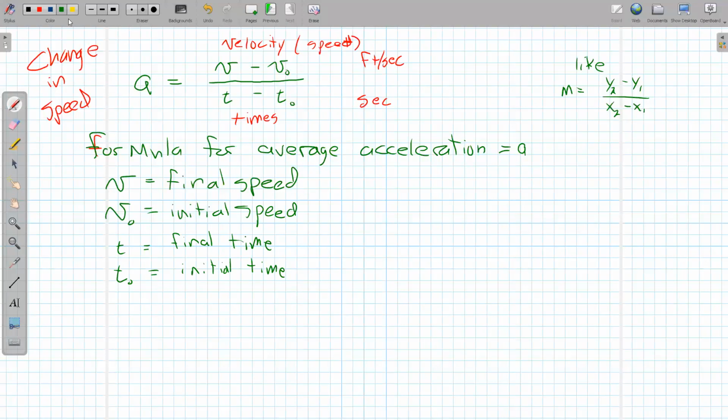Other things about this, we're going to use in the problems, is going to come up in the homework. Time is going to be measured in seconds, which is sometimes just an S for seconds, or SEC. I do that abbreviation.